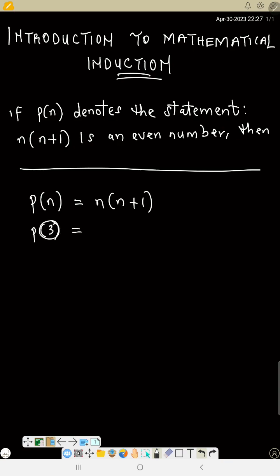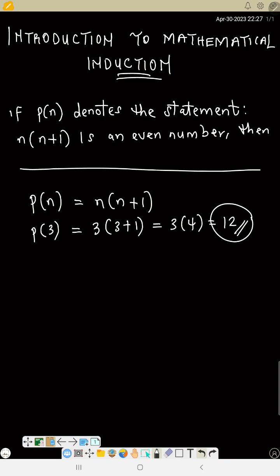So let me show it mathematically. If P(n) is n(n plus 1) is an even number, then P(3) is, anywhere you say n, put 3. So that will be 3 times (3 plus 1), so that is 3 times 4, 12, which is an even number.